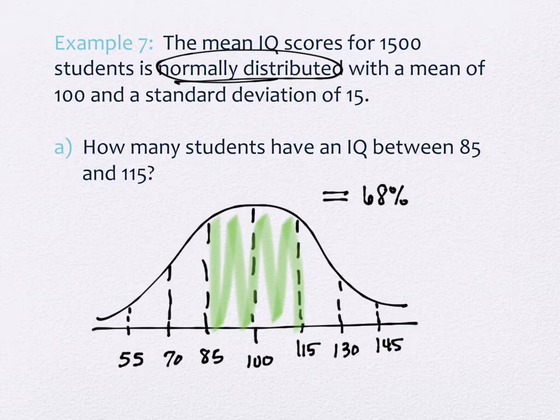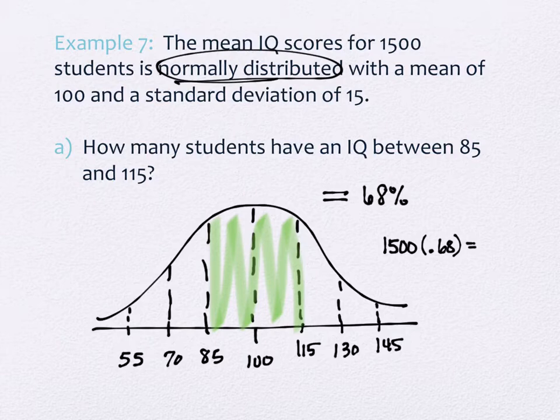What did the question ask? How many students? Not what percentage. So 1,500 times 0.68. We take our number of students, 1,500, times the decimal that corresponds, or you can do it in proportion form if you wish. So 0.68. And then we need to make sure when we give our answer, if it gives us decimals, that we round things to appropriate values because we don't have halves of students.